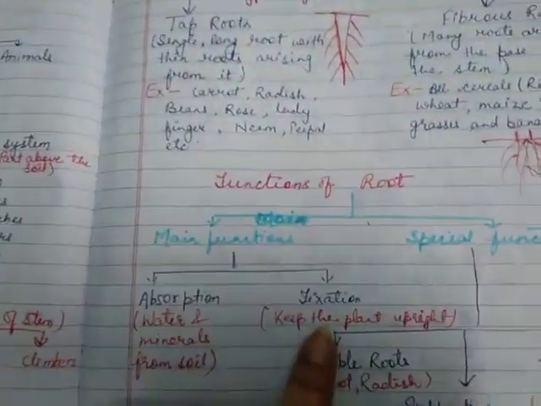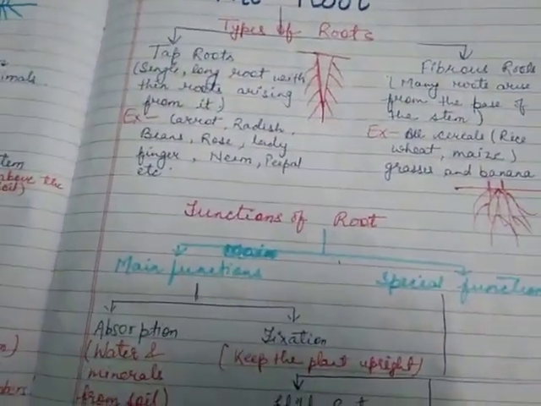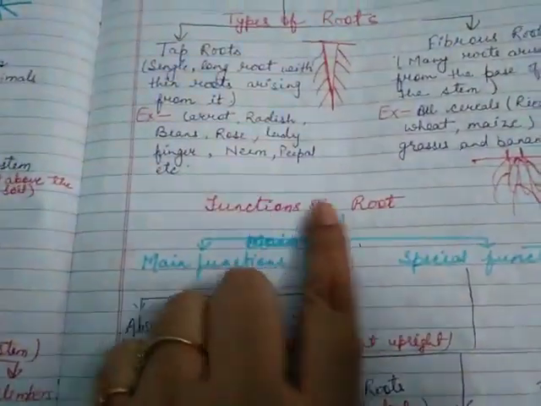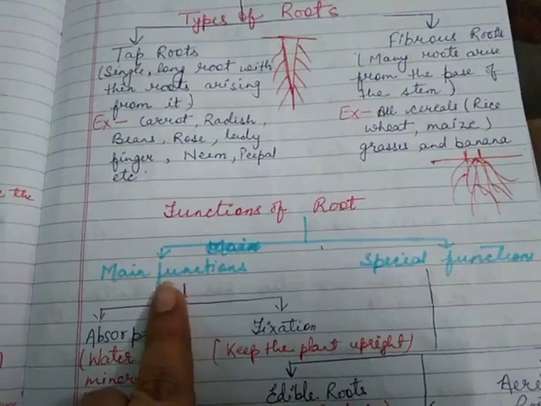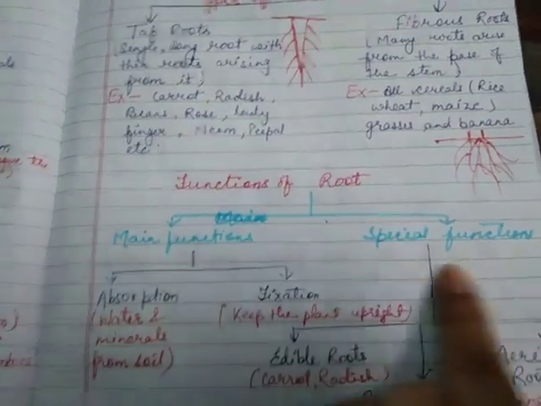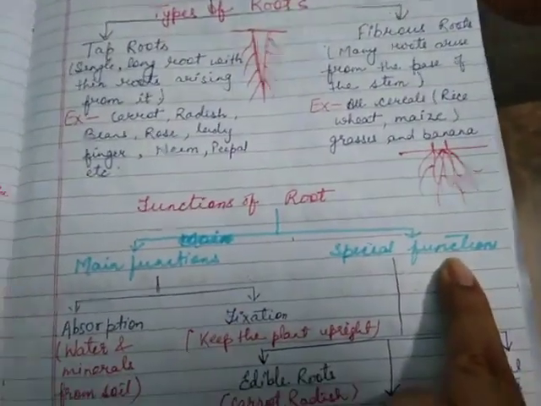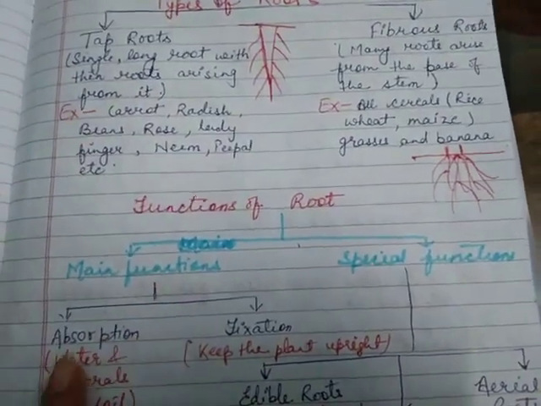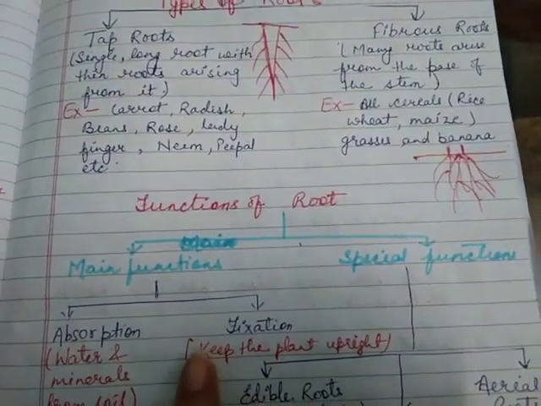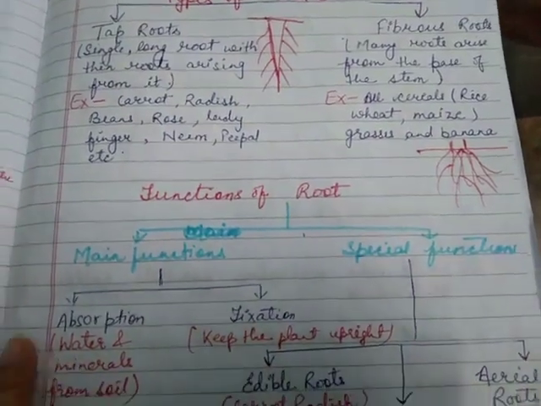And then in the previous video we studied the functions of the root, where we dealt with the main functions of the root and special functions of the root. The main functions of the root include absorption and fixation.